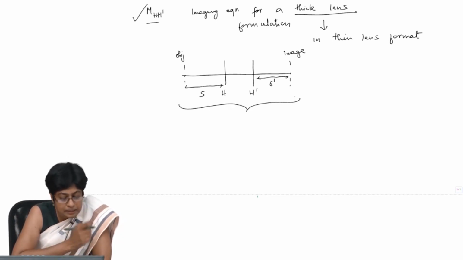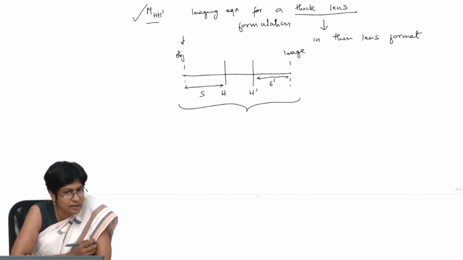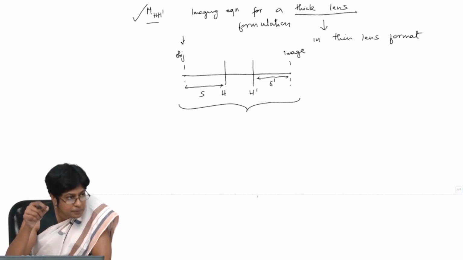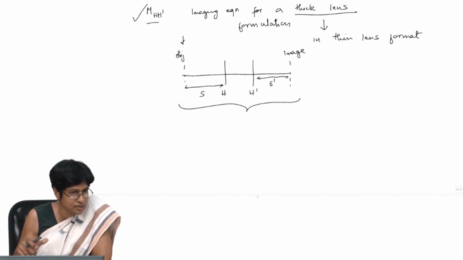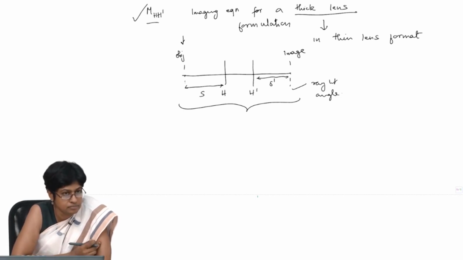What does that mean? It means if I'm given the ray height and ray angle at this point, that is, the ray coming from a certain height of the object with a particular angle, I will be able, with this new matrix that I develop, to say what is the ray height and angle at the image plane. Okay, that's what I'm going to be able to do.